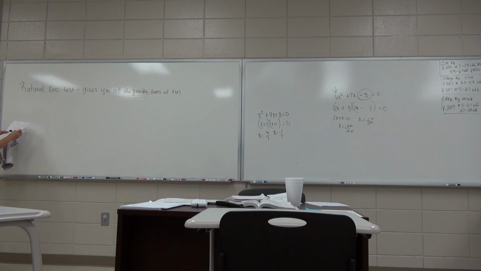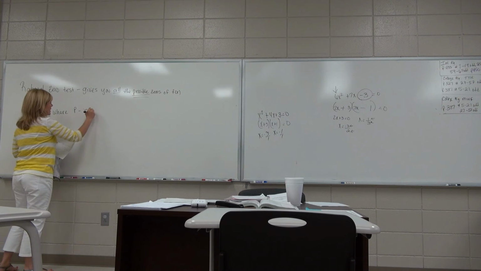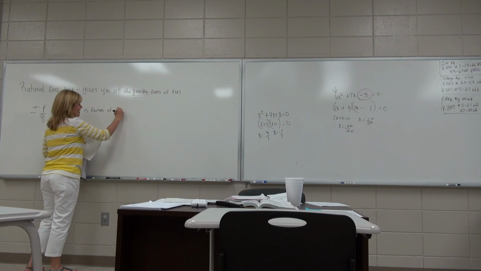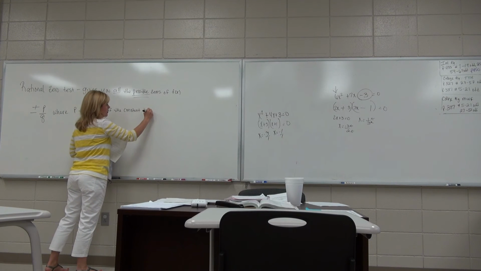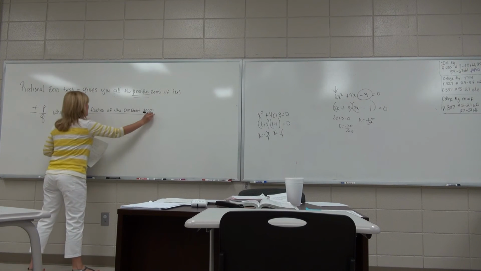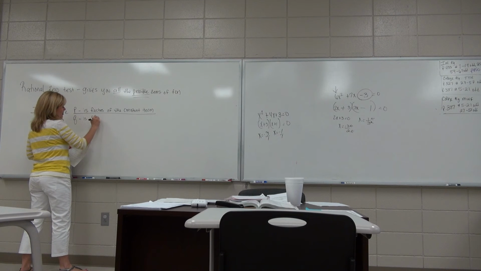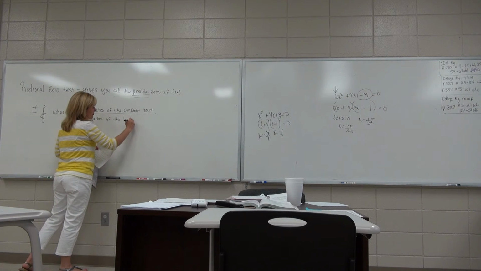Okay? So what you're told is if your possible zero test is called plus or minus P over Q, where P is factors of the constant term, and Q is factors of the leading coefficient.